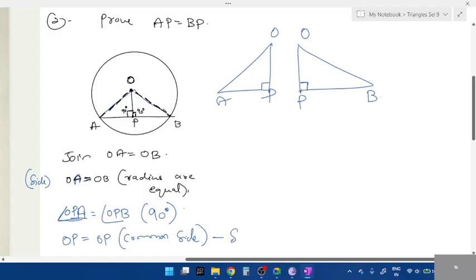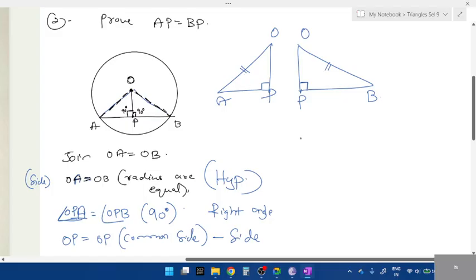So this is a side. And OA is equal to OB, the hypotenuse; what's the other name given to this right angle? Hypotenuse and 90-degree. 90-degree means a right angle. If these three things are same, are they congruent or not? They are congruent, right? Under which criterion? Very good, RHS.